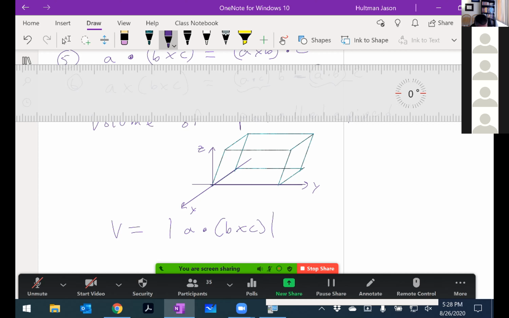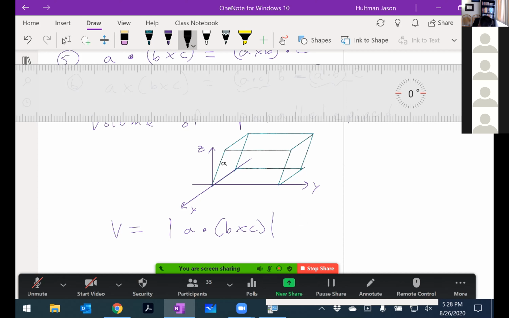Now, what's A, B, and C? Let's label these. Make sure I get this correct. Yeah, this is A. Let's label these in black.